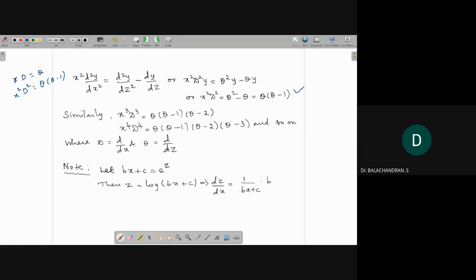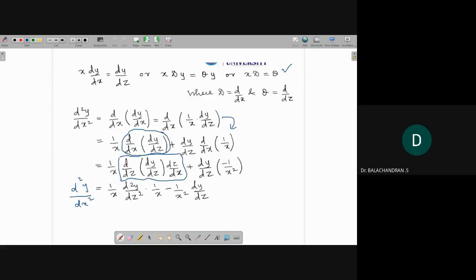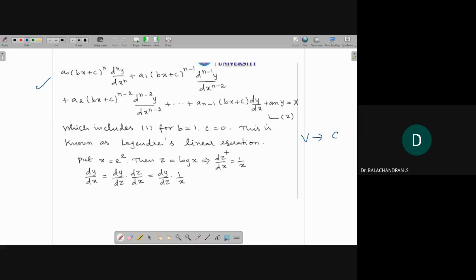So up to this, we converted the first equation, that is the Euler homogeneous equation, using substitution into a constant coefficient equation. Now the same procedure we can use for the Legendre linear equation.